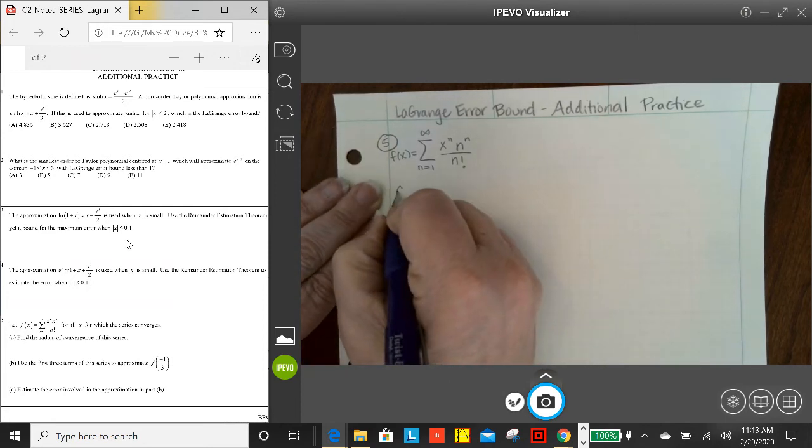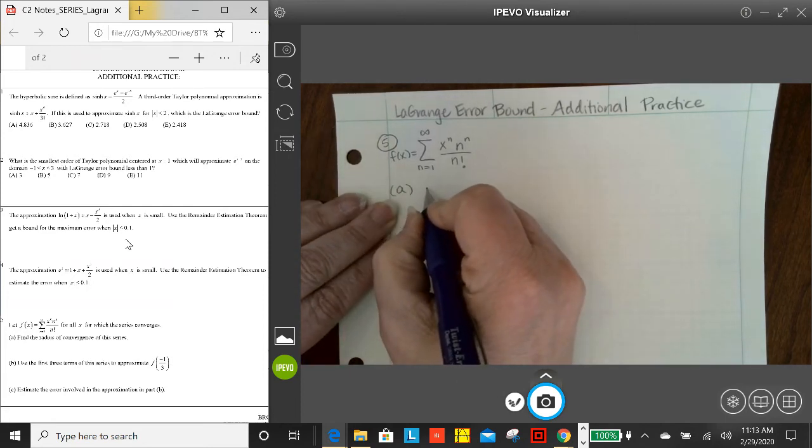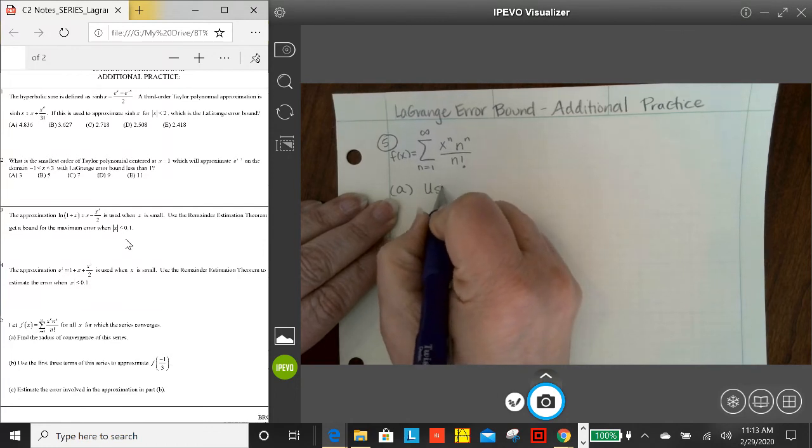All right, so part A says to find the radius of convergence. So we're going to use the ratio test.